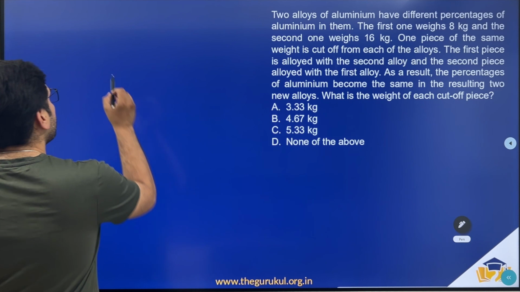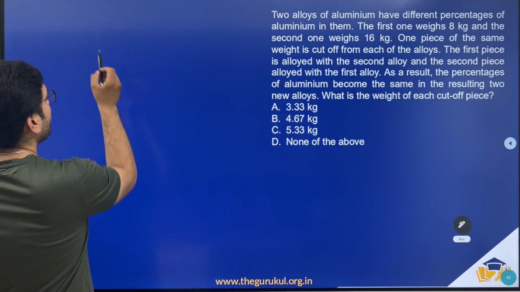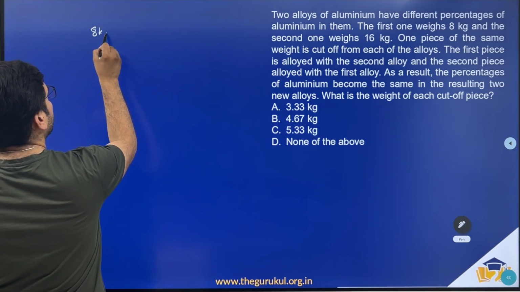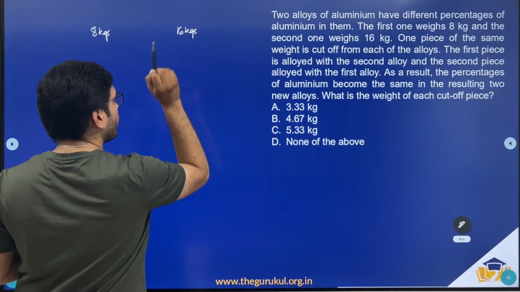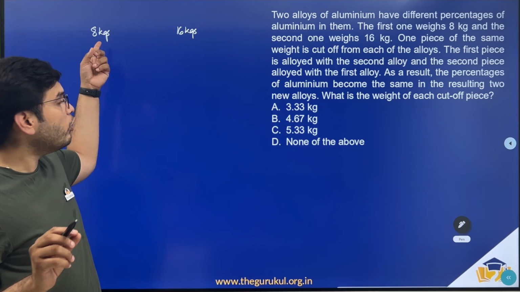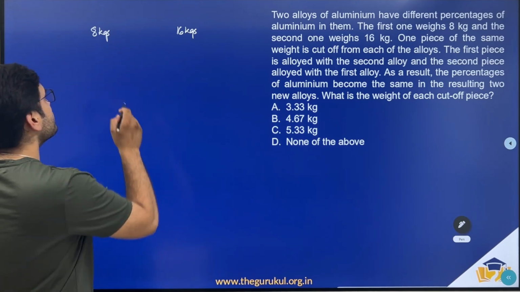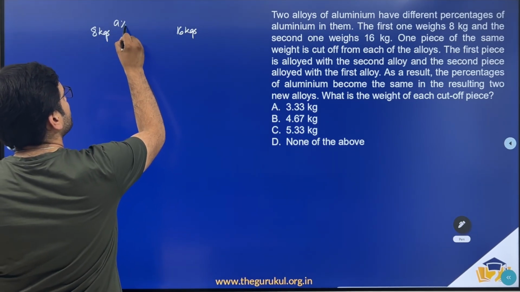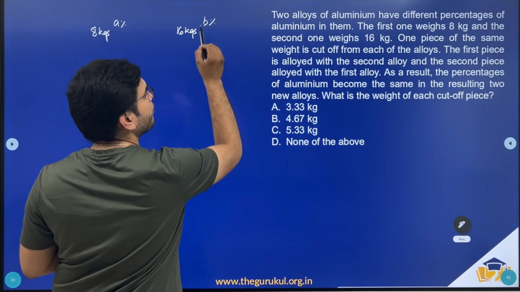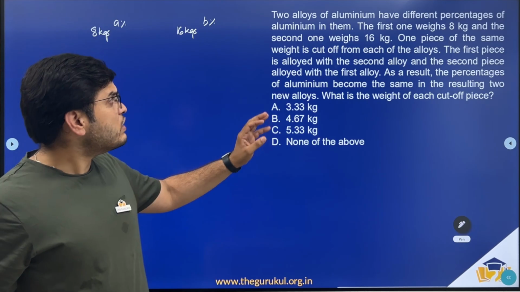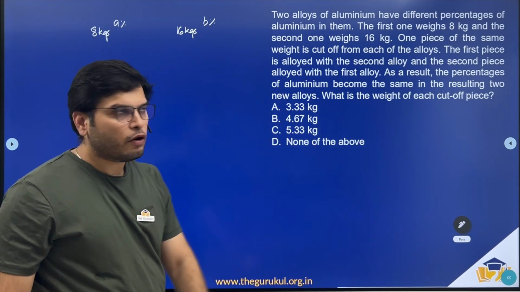So initially there are two pieces of aluminium having 8 kgs weight and 16 kgs weight. Now let me consider the percentage of aluminium in this 8 kgs piece be A% and in this 16 kgs piece would be B%. Now one piece of same weight is cut from each of the alloys, right?